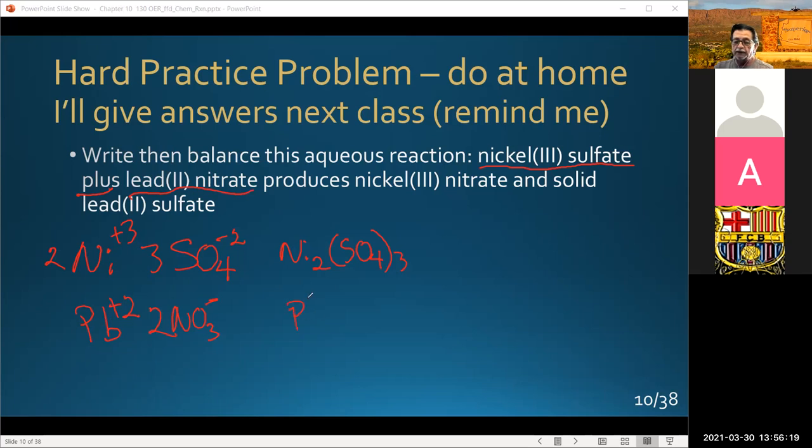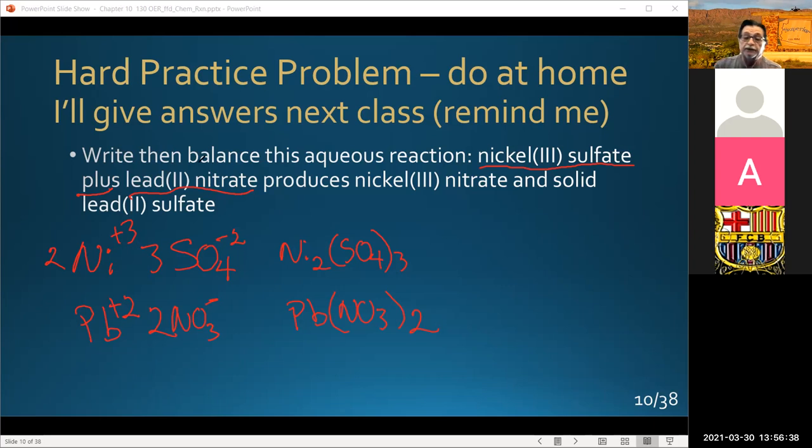And so lead, I need parentheses, NO3, 2. Okay. So those are the reactants.